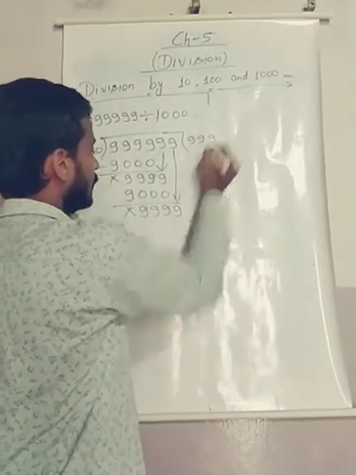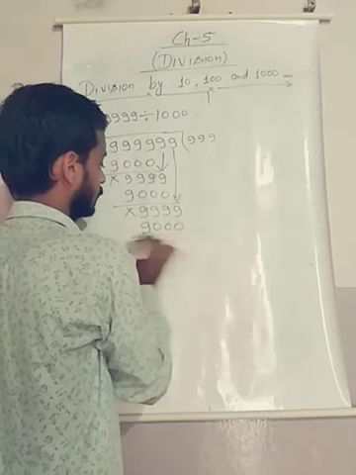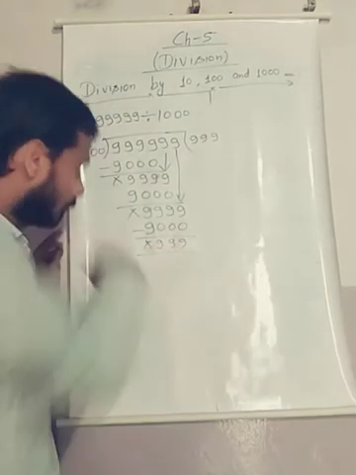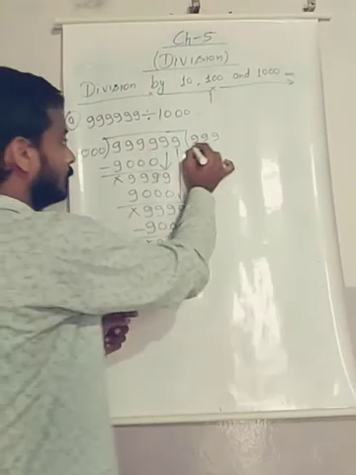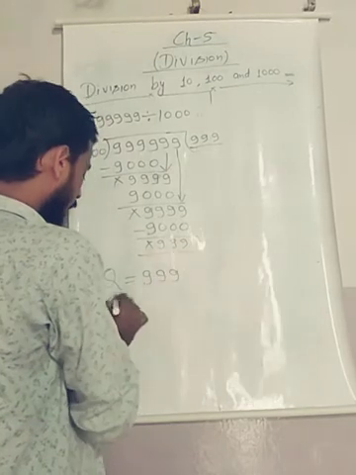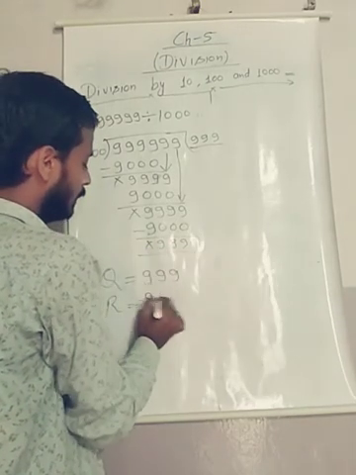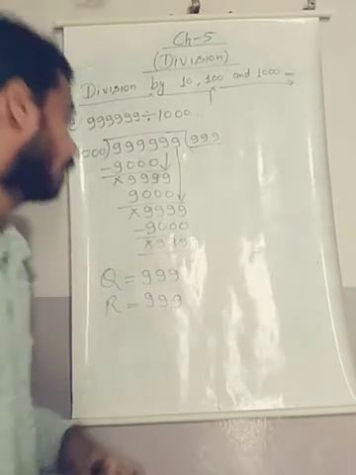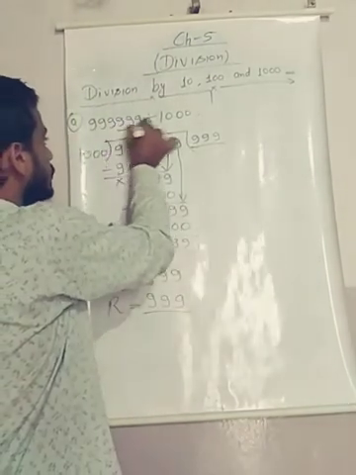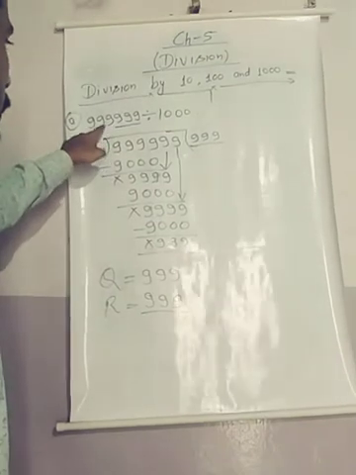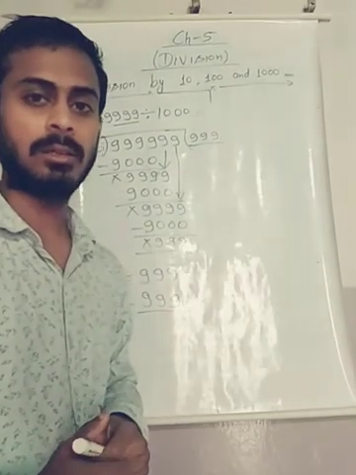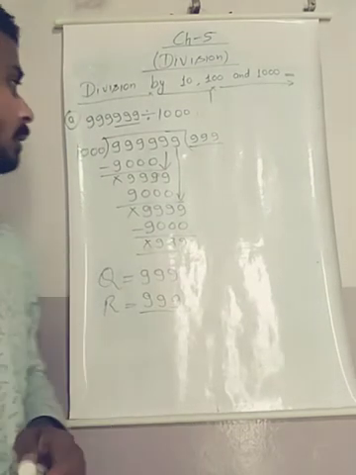Again 1000 nines are 9,000. See the quotient is 999 and remainder is also 999. But this 999 is the last three digits and the rest is the quotient. Clear? Okay.